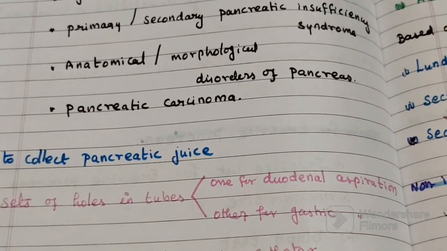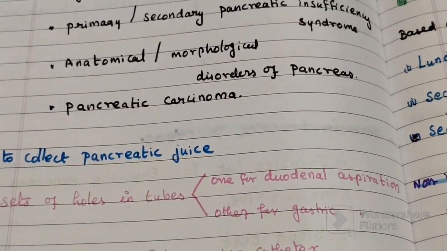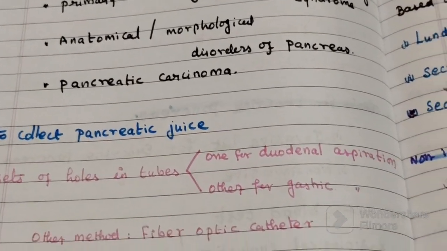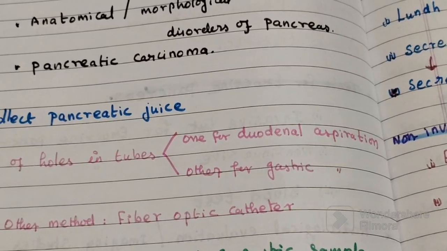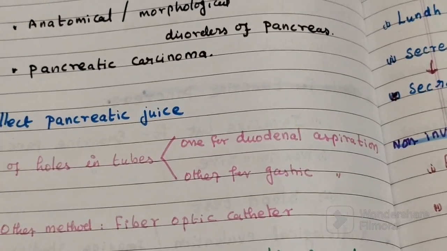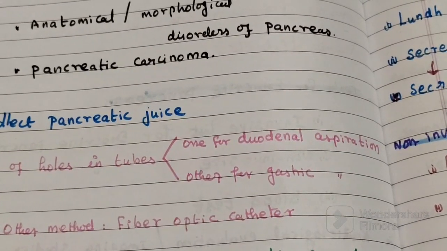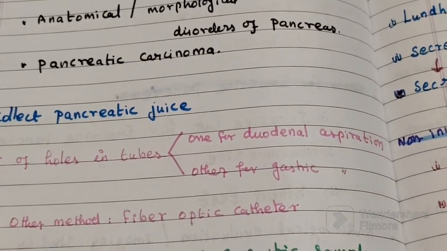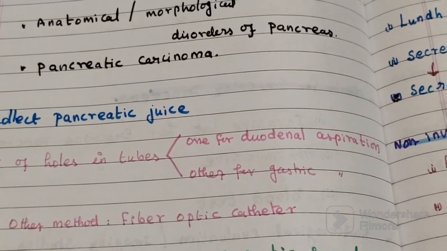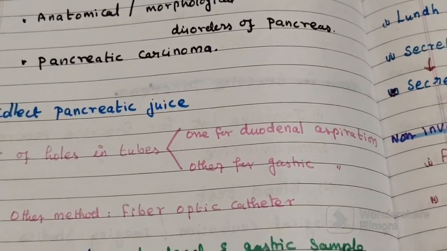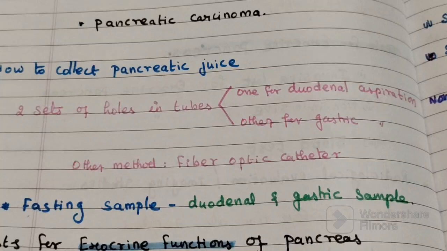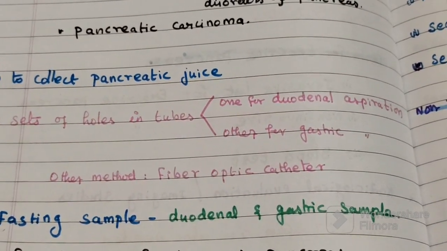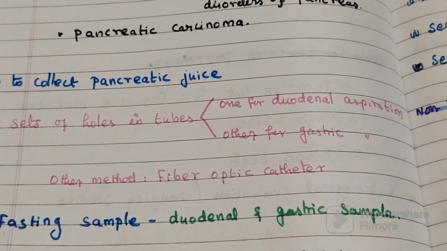We insert it through either the nose or mouth until the tip reaches the duodenum near the ampulla of Vater. Two holes are there: the first collects pancreatic juice, the second collects gastric juice. Another method is the fiber optic catheter, with which we can collect fasting duodenal and gastric samples.